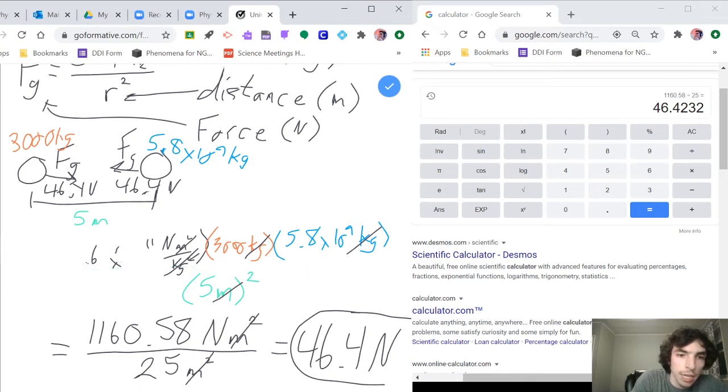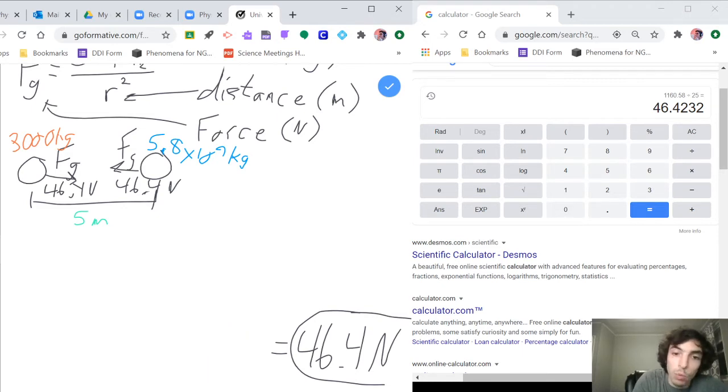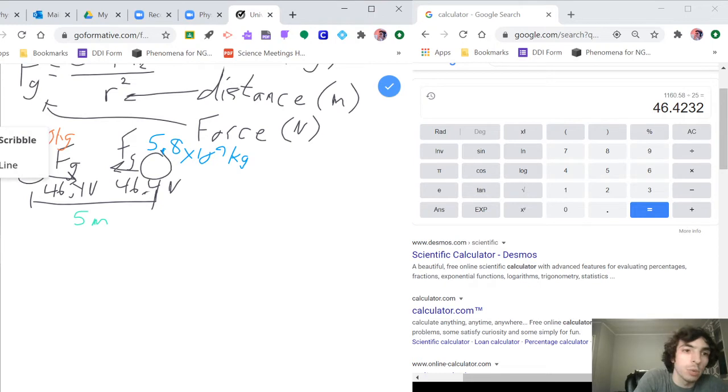The next kind of problem that we're going to try to solve is one where we solve for a missing mass. So let's say that we didn't know what one of these masses was, but we did know the other mass, and we knew the distance between them, and let's say that we knew the actual forces acting on them.